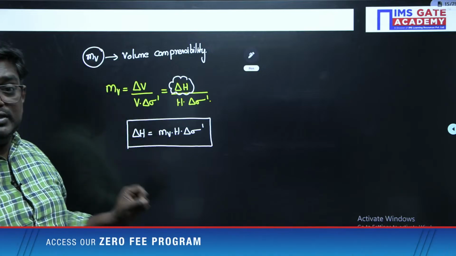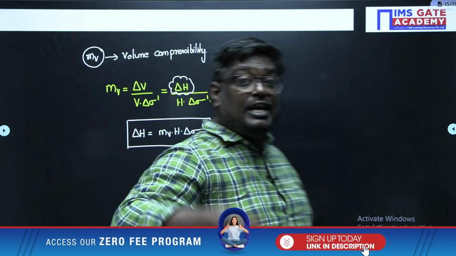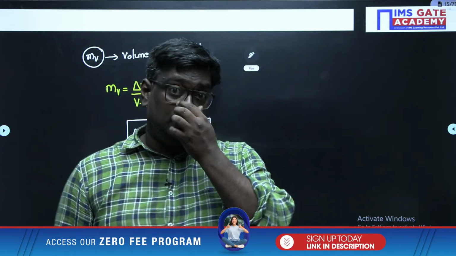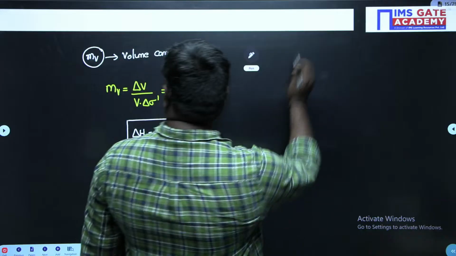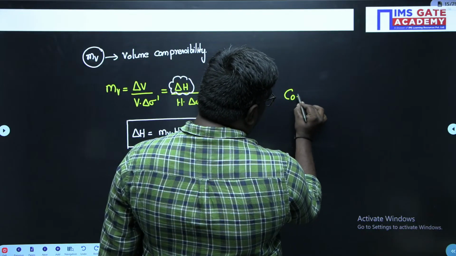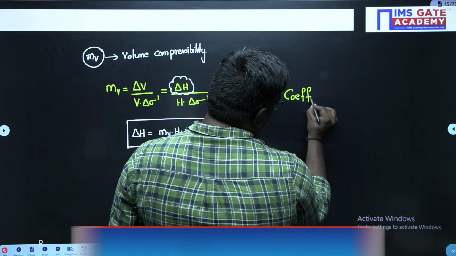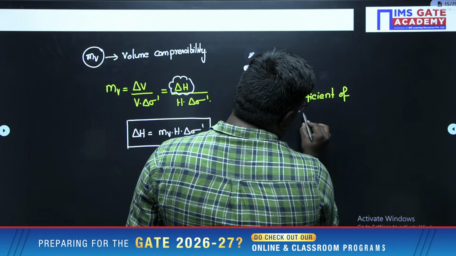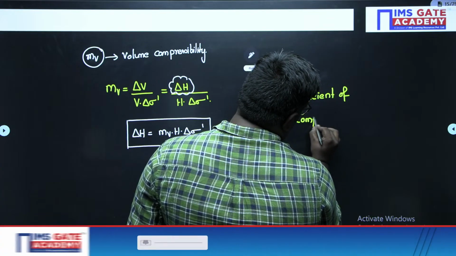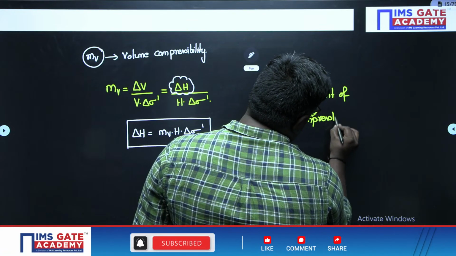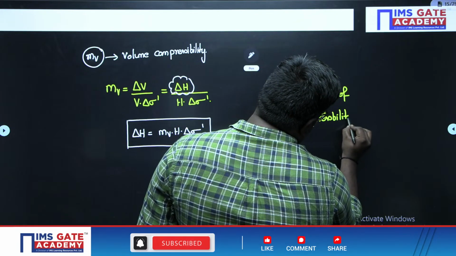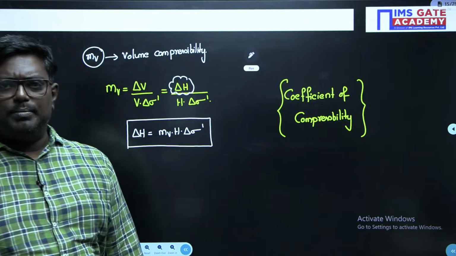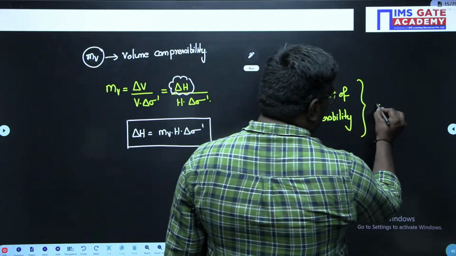Now, in this process, they can give you the coefficient of compressibility and ask you how to calculate MV. The coefficient of compressibility is given by the formula. Please understand, students, the coefficient of compressibility is nothing but AV.